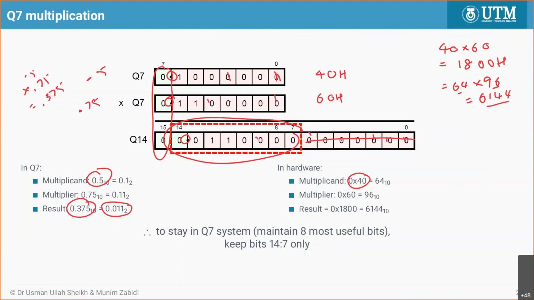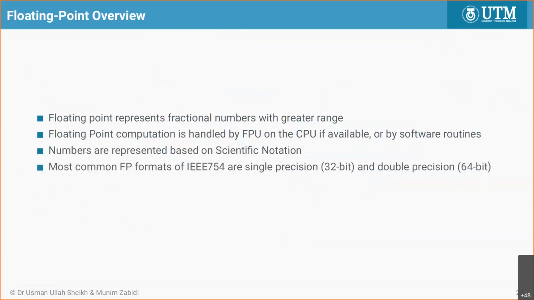When you look at the advanced features of the ARM, there's the SIMD or the Neon part. Then you can specify the number format Q7 in C, but it's only when you are using that particular CMSIS library. Okay, next is the floating point number.